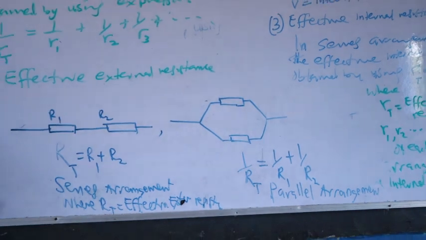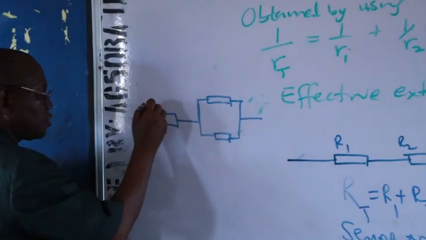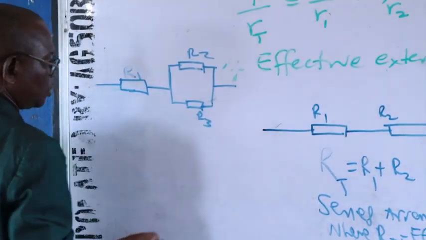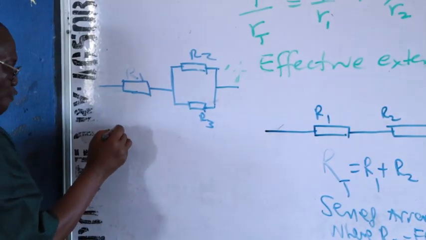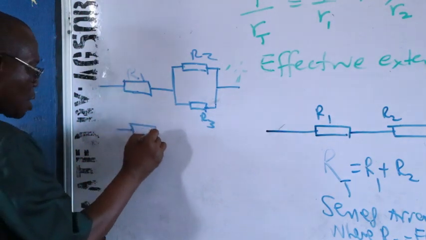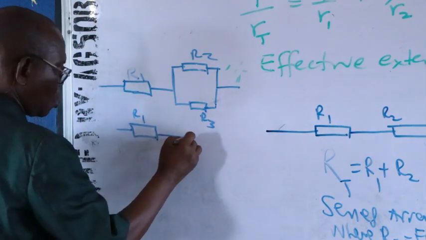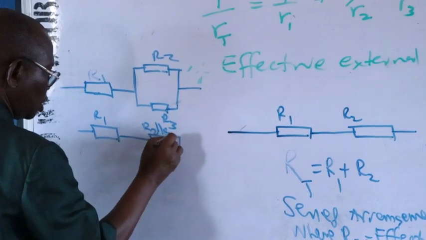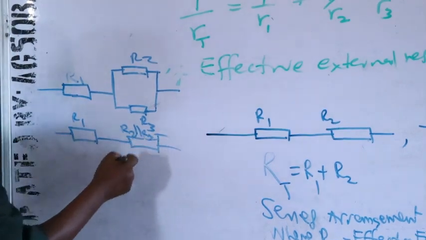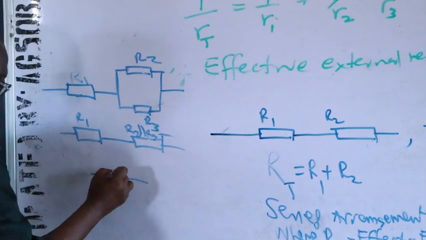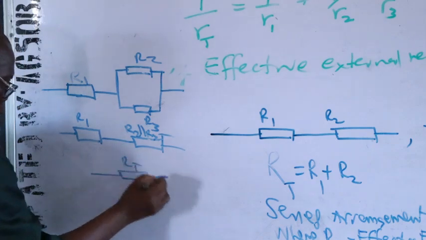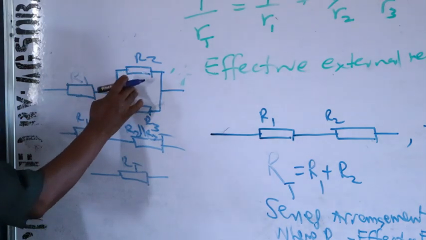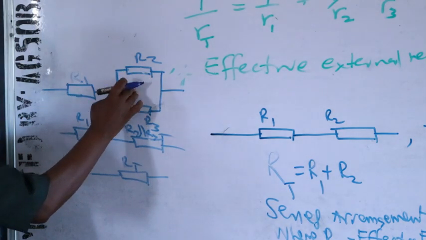That means you first of all combine these 2. If this is R1, this is R2, this is R3, it becomes R1 plus R2 parallel to R3 total. You need to find it before you finally find R total. So there are two steps to obtain effective external resistance here.